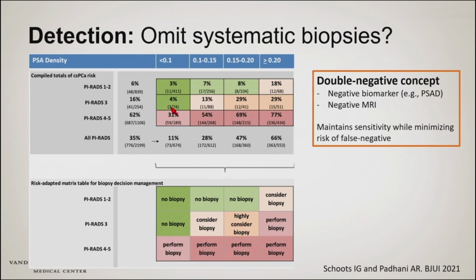Whereas, if you look at the PIRADS-3 area, it's most interesting, where with a low PSA density, you're down to about 4% likelihood of finding grade group 2 or higher disease, whereas if the PSA density is high, you're up to about a third of folks having a clinically significant prostate cancer. So this is an interesting paradigm, and I think Dr. Carlson will get more into the idea of using a biomarker and MRI in conjunction.